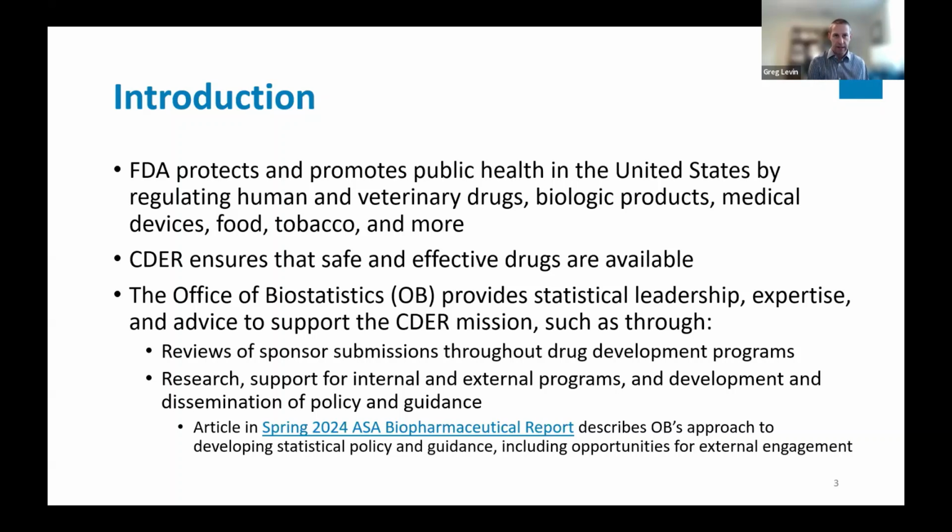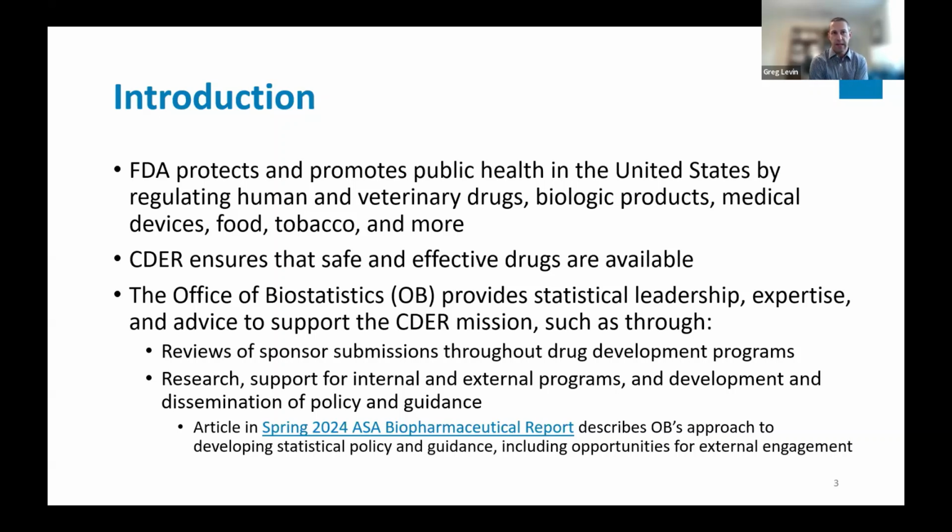Some of these are in collaboration with other centers. For example, we often work quite closely with statisticians in CBER, the Center for Biologics Evaluation and Research. But sometimes there are also different efforts across the different centers. So I work in the Office of Biostatistics, which provides statistical leadership, expertise, and advice to support the CDER mission.